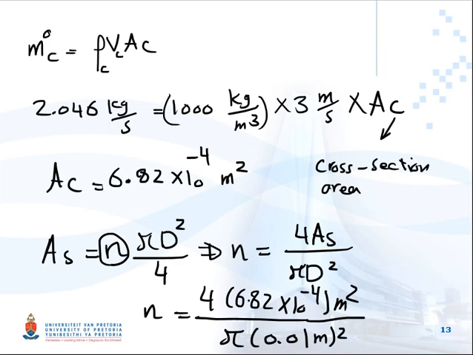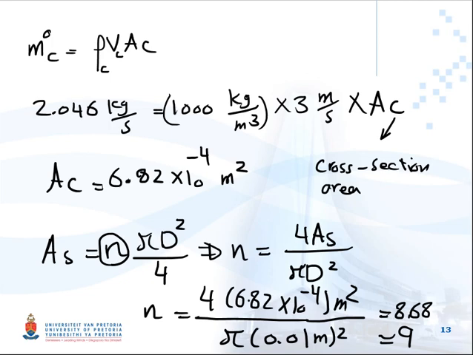So it will be equal to 8.68, and we don't have a number 8.68, so 9 tubes.